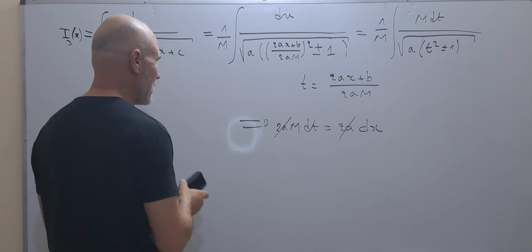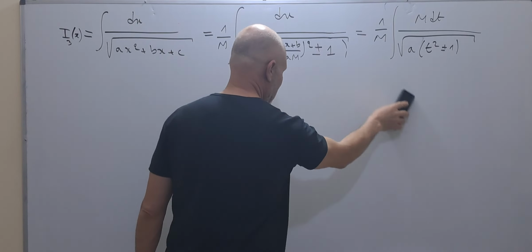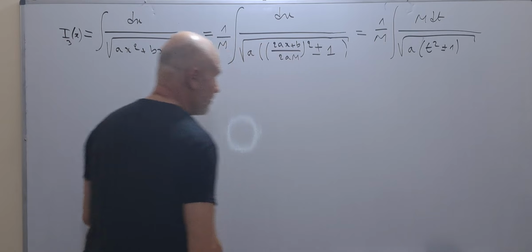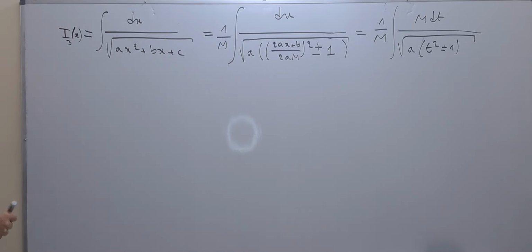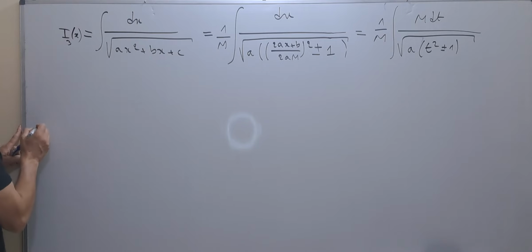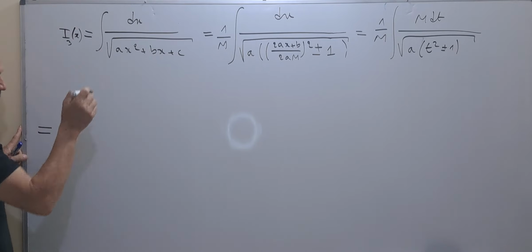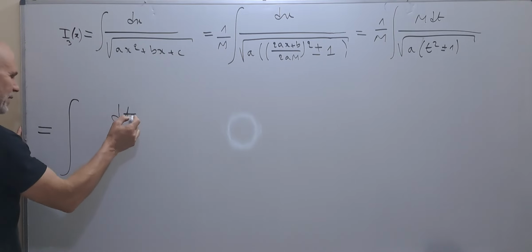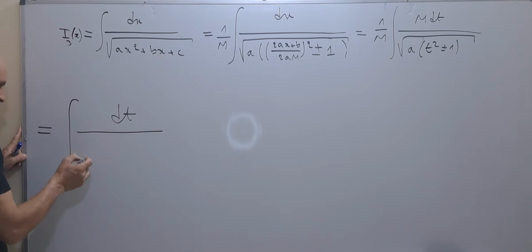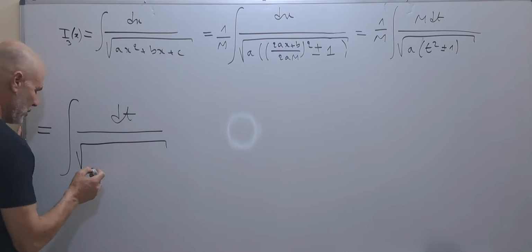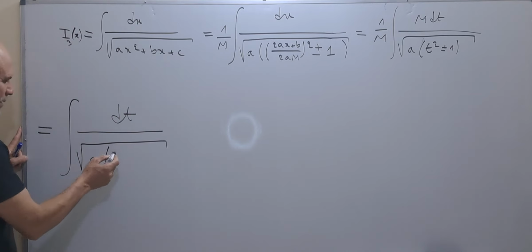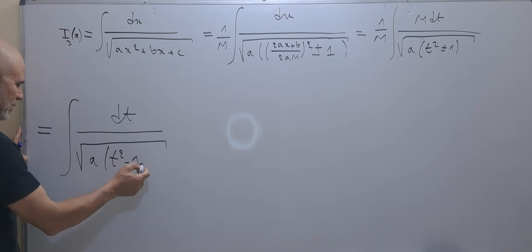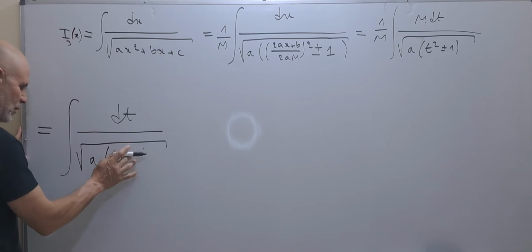And here we can discuss cases. This is equal to, we can cancel m with m, and finally we have dt over the square root of a times t squared minus or plus 1.